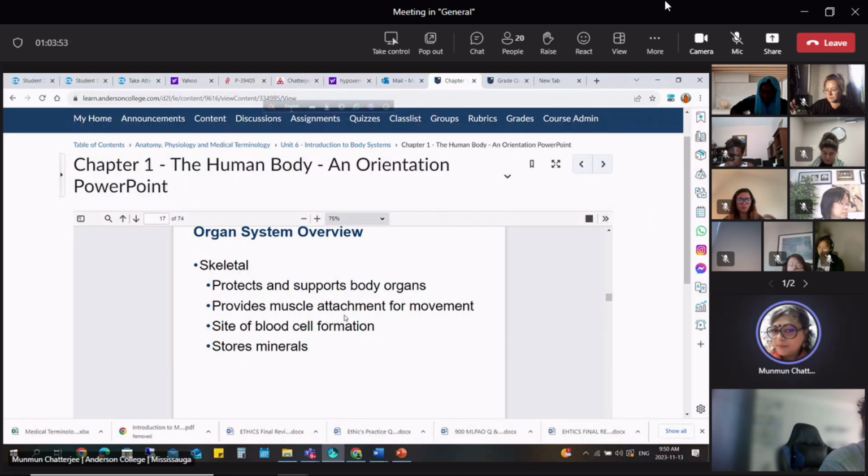Another important function is that the bones are the main site of the bone marrow, which is where blood cell formation happens. If there is any bone marrow problem, you are going to have problems with blood cell formation. Different types of cells are formed by different mechanisms, but all types of blood cells are formed inside the bone marrow.